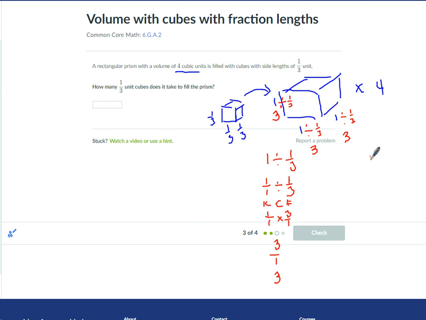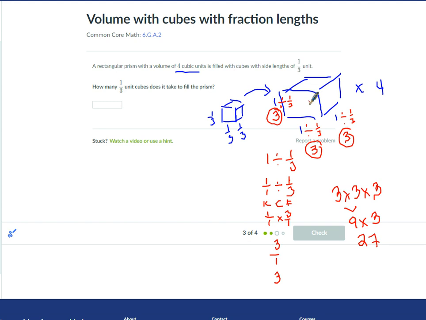So what that means is I take my 3's and I multiply them. 3 times 3 times 3 gives me 9 times 3, which is 27. So there are 27 of these cubes in one of the cubic units.